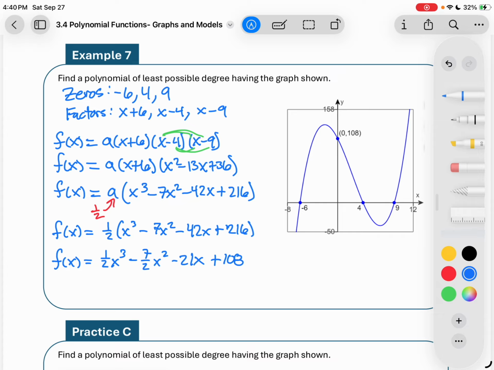So that function has the correct x-intercepts because we started with those factors. And then we changed the vertical stretch so that it would pass right through 0 and 108, because that 108 is half of 216, which is what the y-intercept would have been without the stretch.